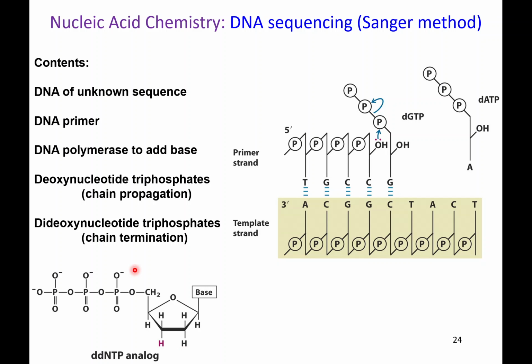And so here's a picture of one of those dideoxynucleotides. So the ddNTP is dideoxynucleotide triphosphate. Okay, so you have no OH groups there on that ribose ring.